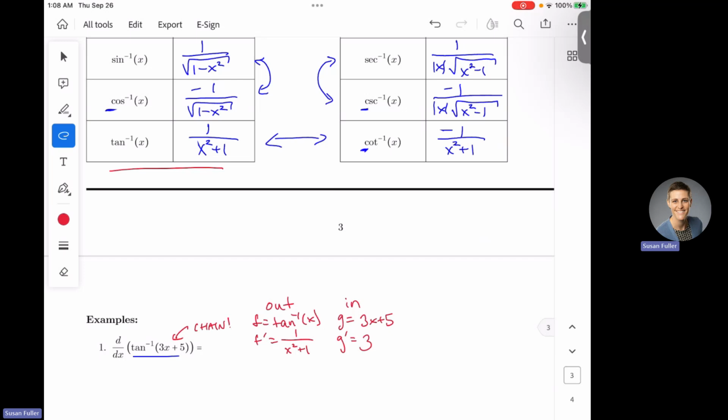Okay, so now I'm going to finish the chain rule and I'm going to plug that in. And so now my derivative here is going to be f prime of g of x. So 1 over, instead of x, I'm plugging g in, which is going to be 3x plus 5 squared plus 1, times g prime of x, which is 3.